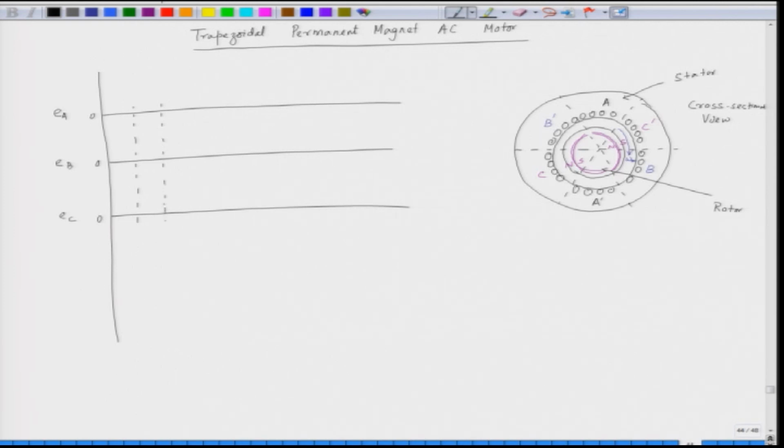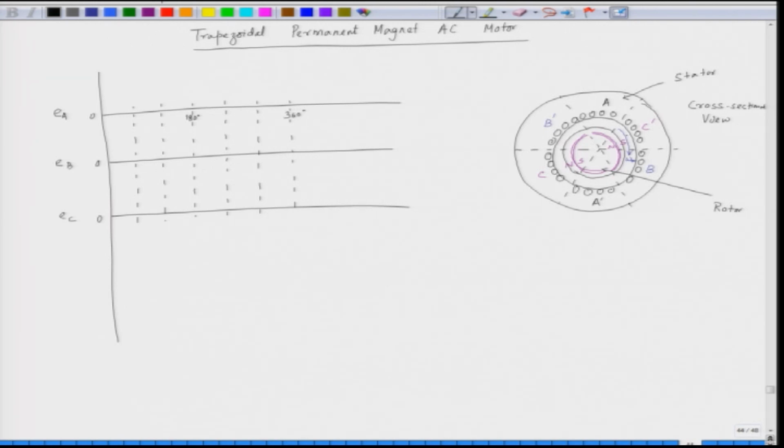These are the 60-degree intervals that we have. This is 180-degree, and this is 360-degree.